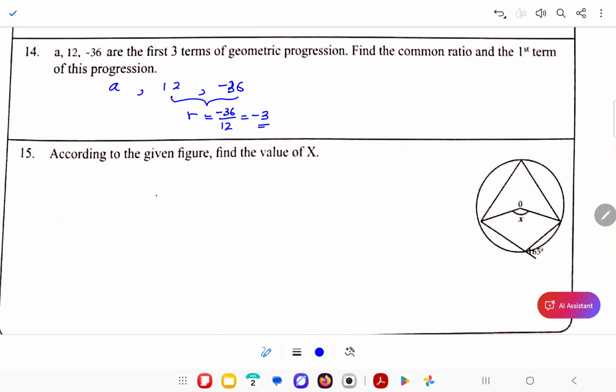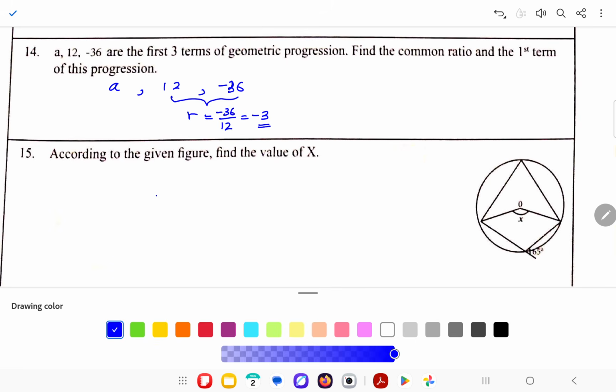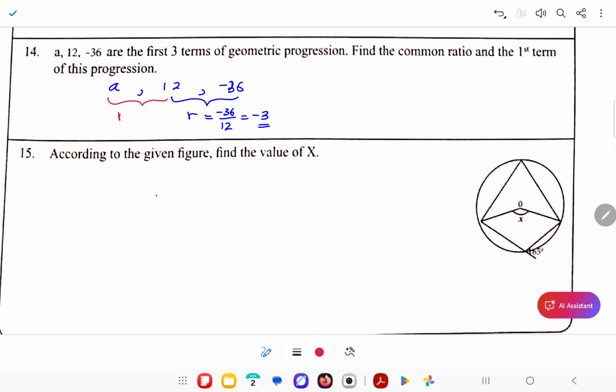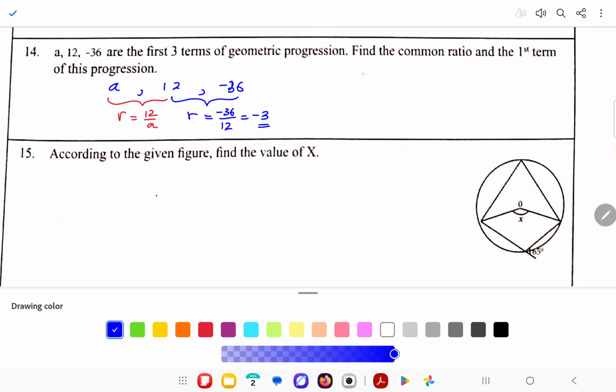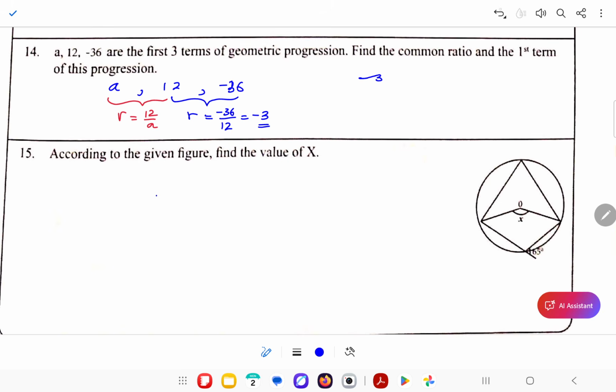So the common ratio is minus 3. So to find A also you can use the same concept. R is going to be what? 12 over A, second term divided by first term. And R we found, which is minus 3. So minus 3 is equal to 12 over A. So minus 3A is equal to 12. So A is equal to minus 4. First term is minus 4. And the common ratio is minus 3.